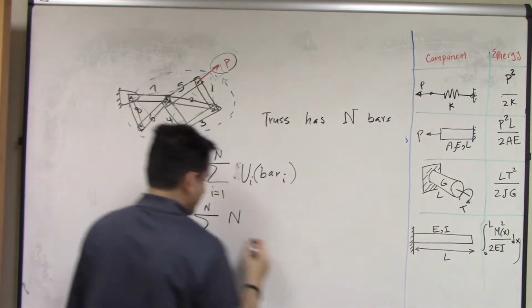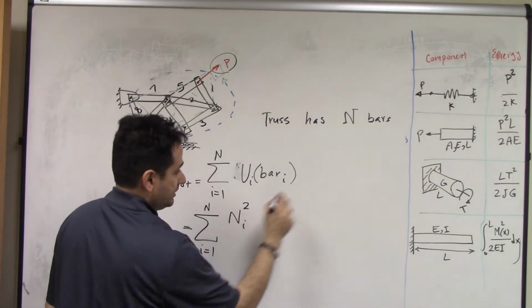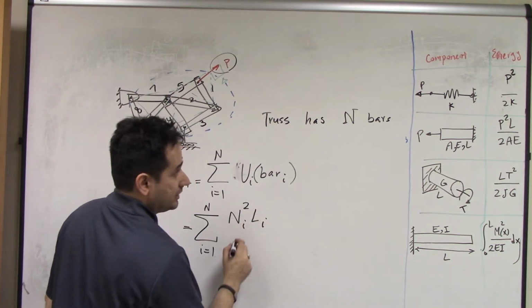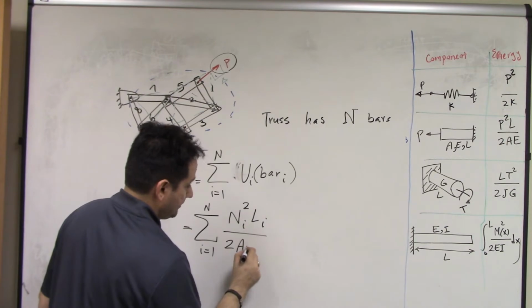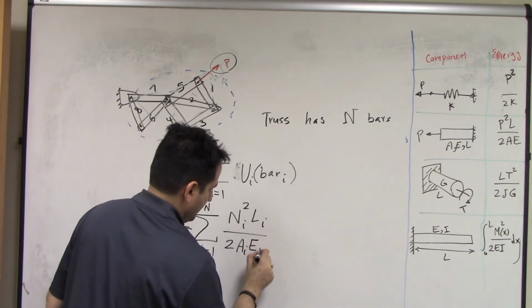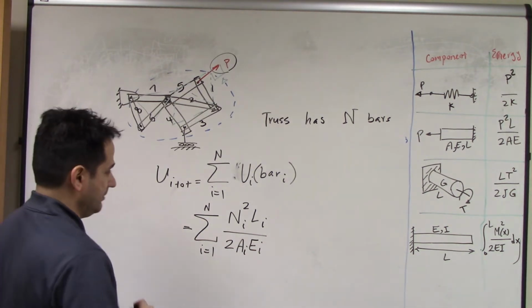N, the load in bar i, squared, times the length of that bar divided by 2 times the area of that bar times the modulus of elasticity of that bar. This is the internal energy of the total system.